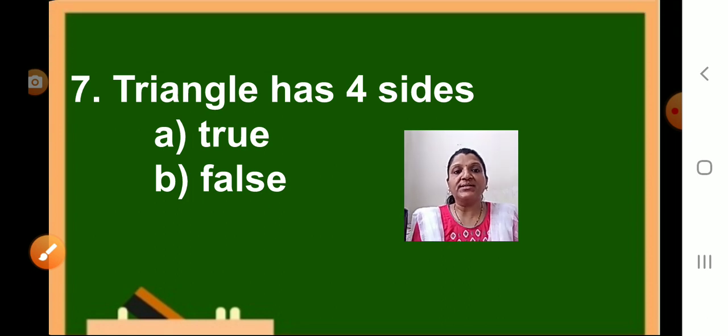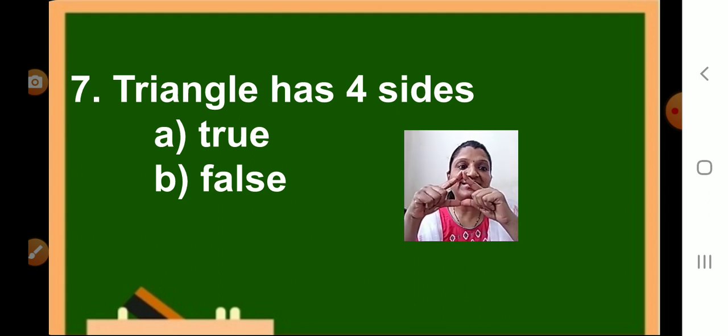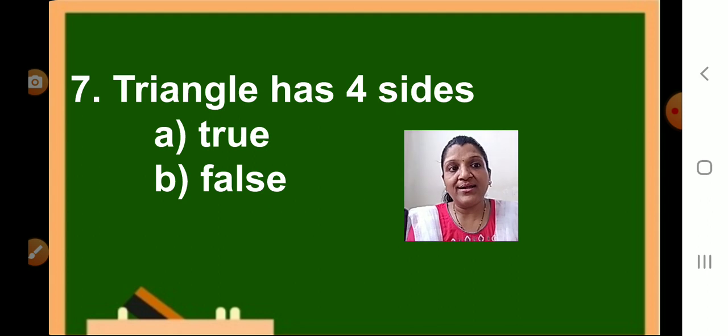Question number 7. Triangle has 4 sides. Let's read it again. Triangle has 4 sides. Now we have learned it in the lesson shapes. How many sides does a triangle have?